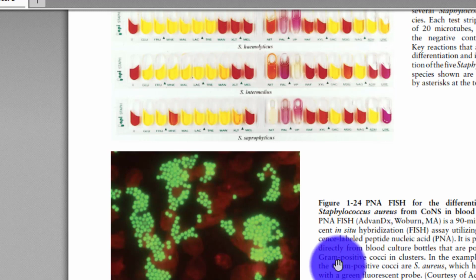FISH is a 90-minute fluorescent in situ hybridization assay utilizing fluorescence-labeled peptide nucleic acid. It is performed directly from blood culture bottles that are positive for gram-positive cocci in clusters.